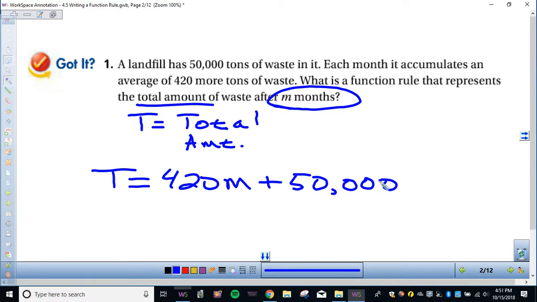Every month they're adding 420 more tons, and they started with 50,000. That's all you have to do to write a function rule. Remember, each month an average of 420. If you have that each or per, that tells you where the variable goes.